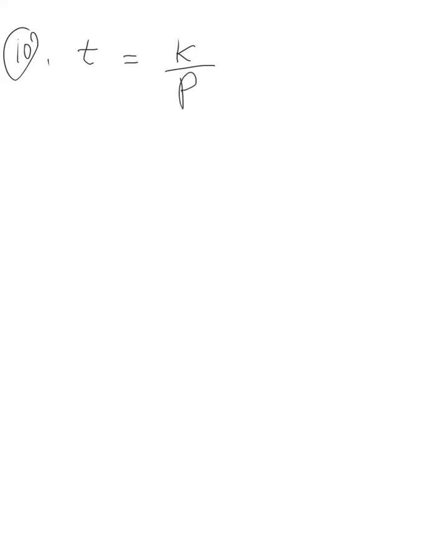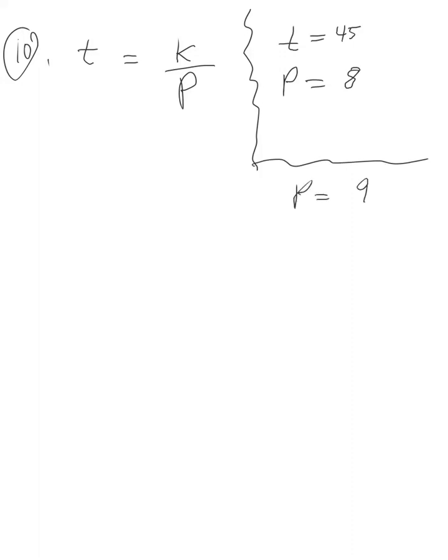So people is p. Then it gives you some more information. It says if it takes 45 hours of time for 8 people to do a job, then how long will it take for 9 people to do the job? So first you know what time it takes, and you know how many people there are. So let's plug in those numbers first.